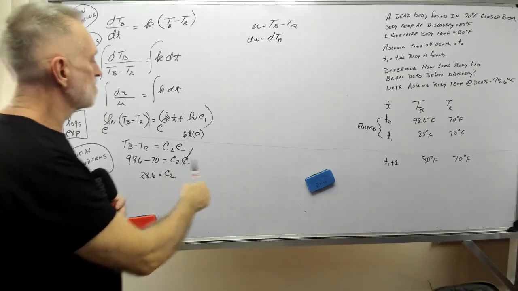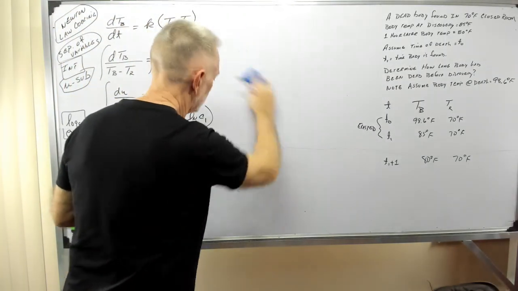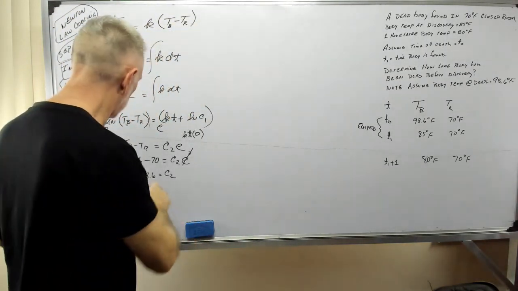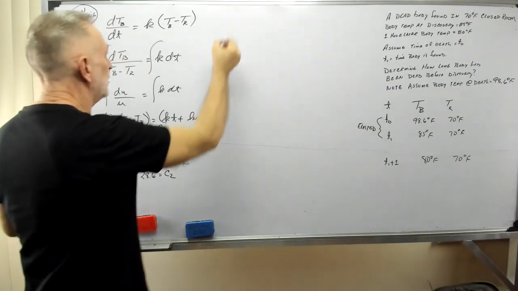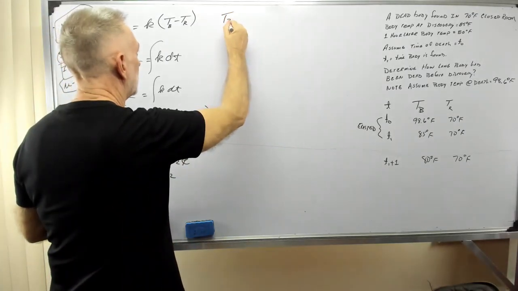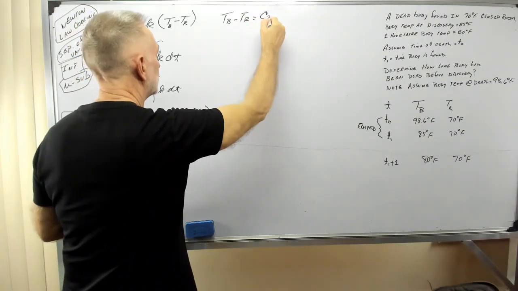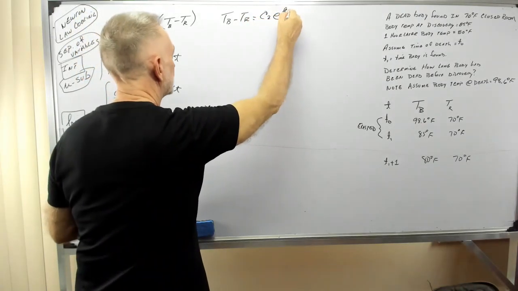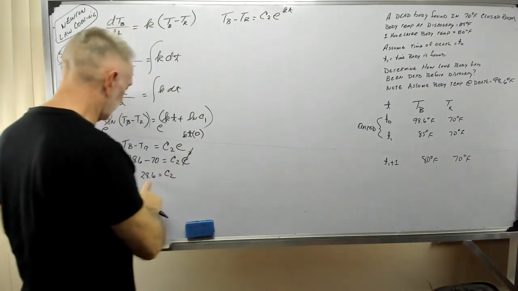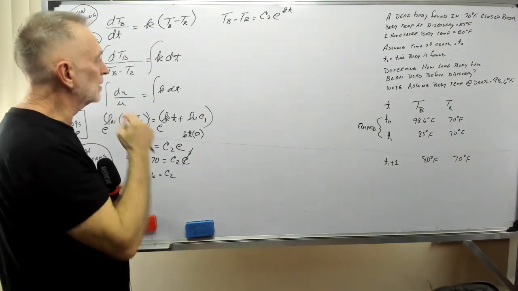Now then, okay, let's get rid of this, get us a spot to work. Let's take our equation up here. We have temperature of the body minus the temperature of the room equals C2 e to the kt. Now we just solved for C2, that's 28.6.